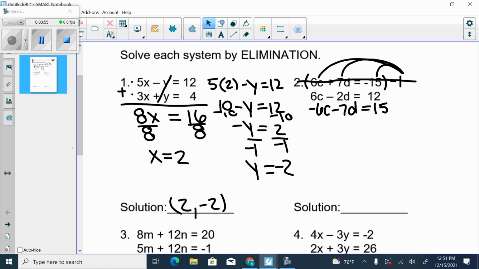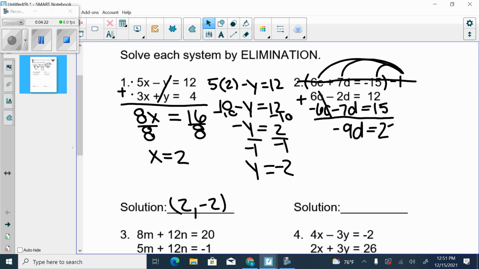Now I'm going to try adding the two equations together, that bottom one and the one we just fixed, okay? So when I add these two together, what's going to go away? Okay. Cross those out. And then negative 2 plus negative 7, so I got negative 9d, is equal to 12 plus 15.